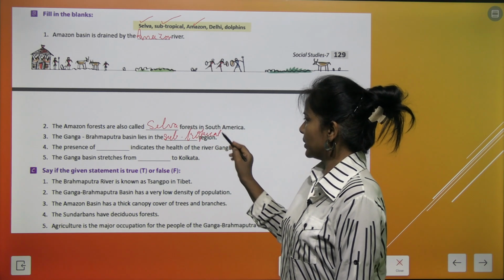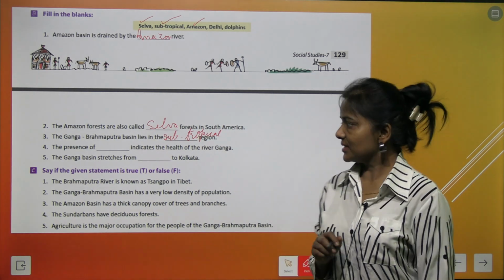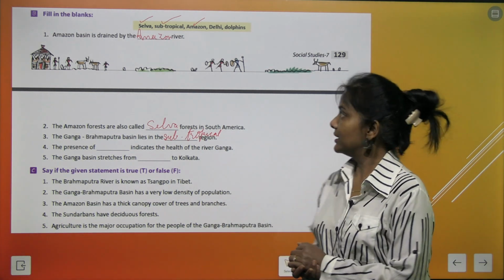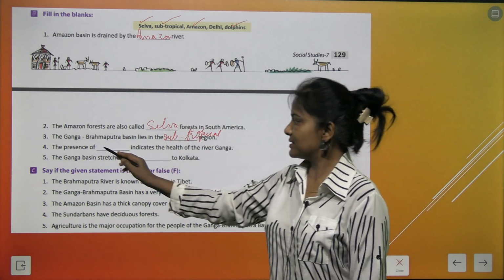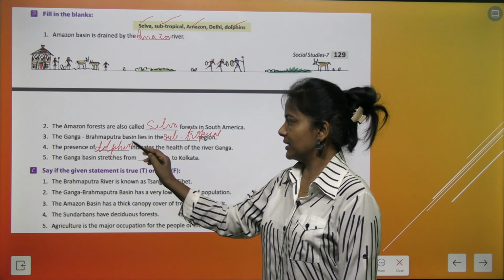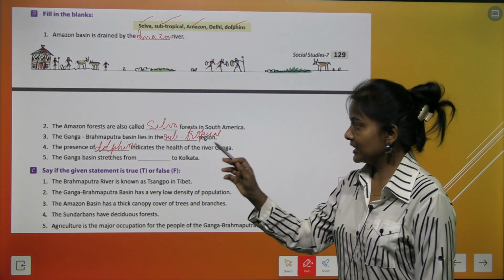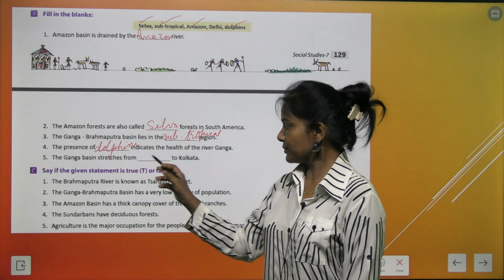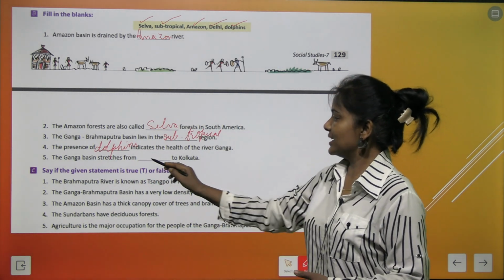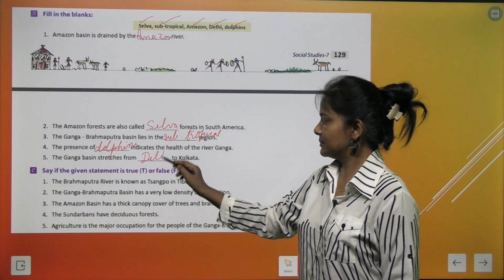Subtropical. Okay? The presence of blank indicates the health of the river Ganga. The presence of dolphins indicate the health of the river Ganga. And the Ganga basin stretches from blank to Kolkata. It stretches from Delhi to Kolkata.